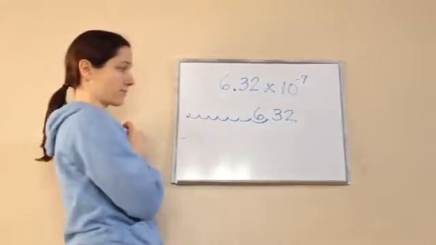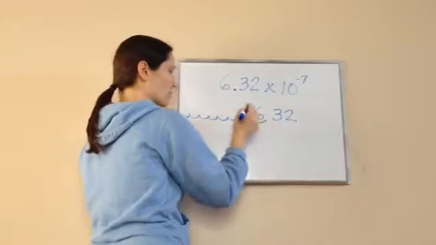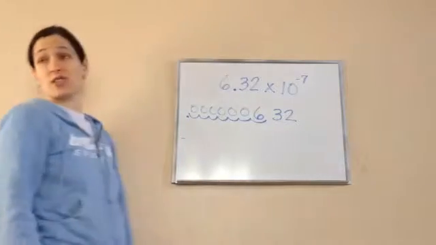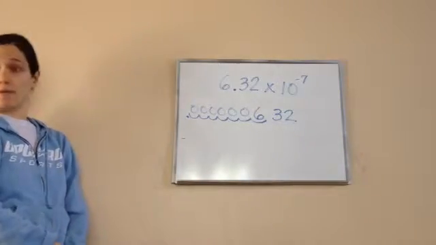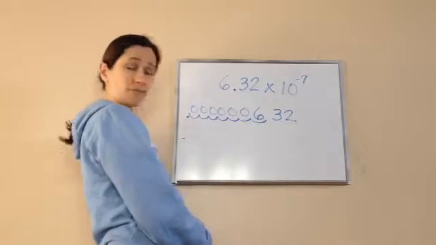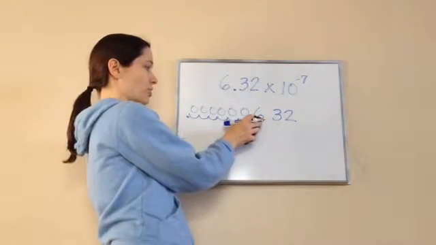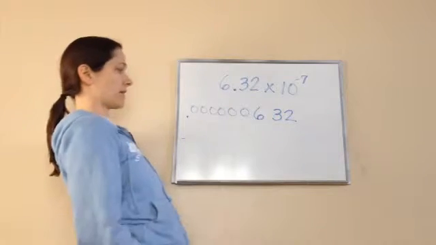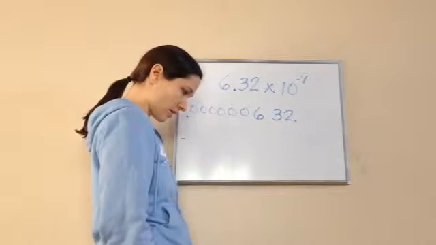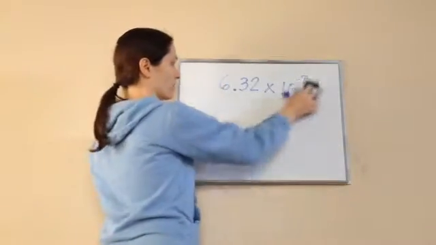Decimal goes here. Erase that decimal. Fill it in with zeros. This is your number: 0.000000632. And you can erase this if you want to at the end. And then that would be your answer with the point right there. Feel like you understand it? Yep. Okay. Try this one on your own.